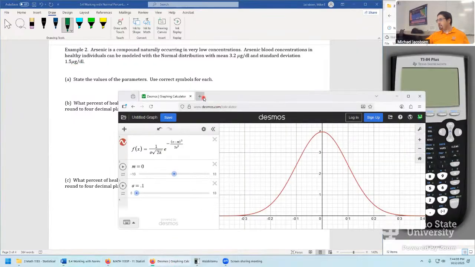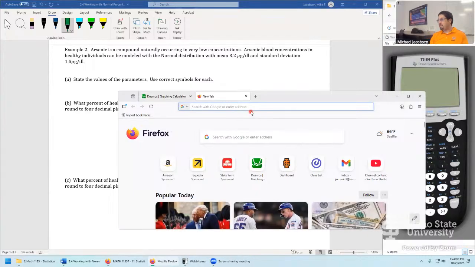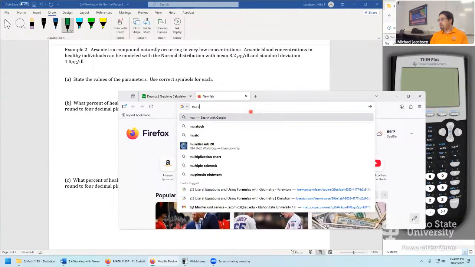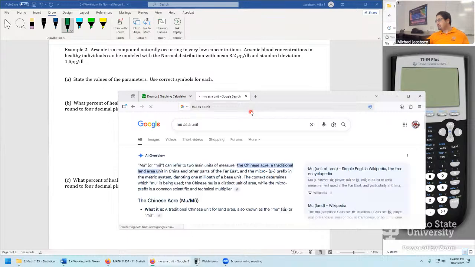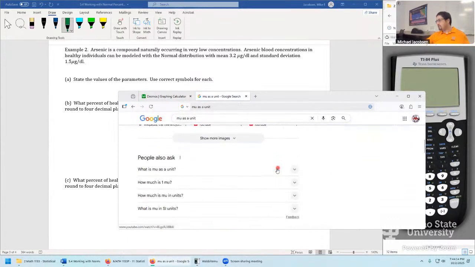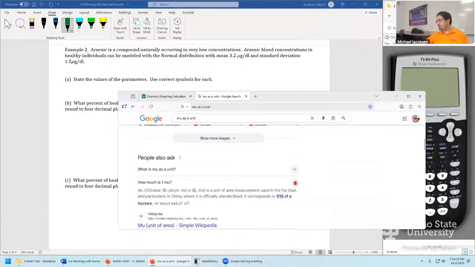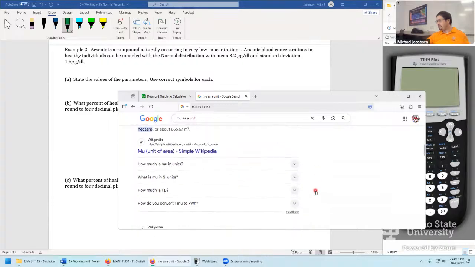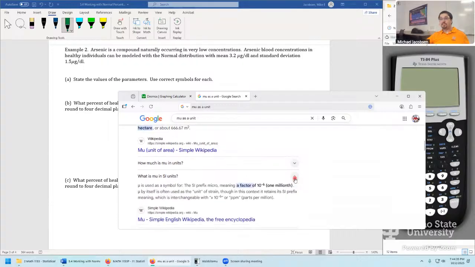And just to make sure I'm on the right track with that, let's check that out. Mu as a unit, let's take a look into that. That's probably, yeah, that's more on the right track. No, not quite. SI units is what we want. Mu in units is 10 to the power of -6, one millionth of, well, anything.